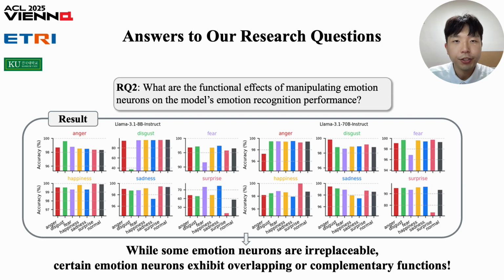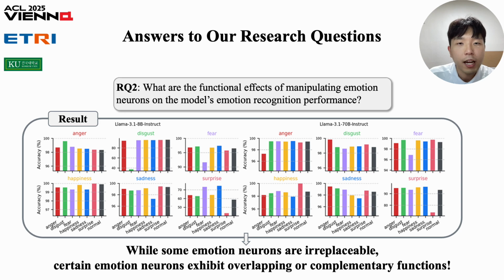So, emotion neurons exist. For RQ2, are they functional? The results are complex. Some neurons are critical. For disgust in the 8 billion model, masking its neurons causes accuracy to plummet. This means they are irreplaceable. We see the same for surprise in the 70 billion model.